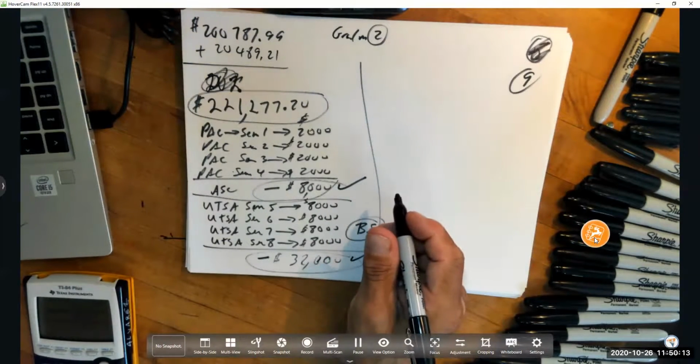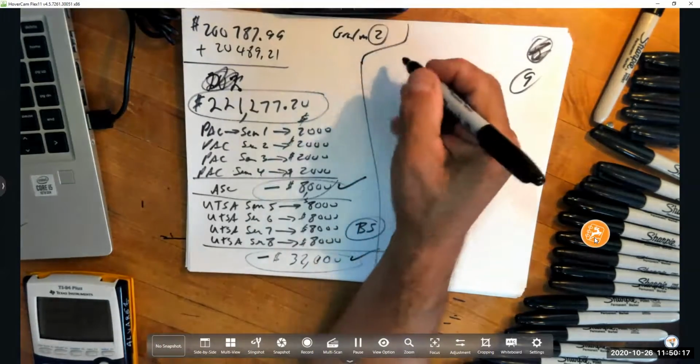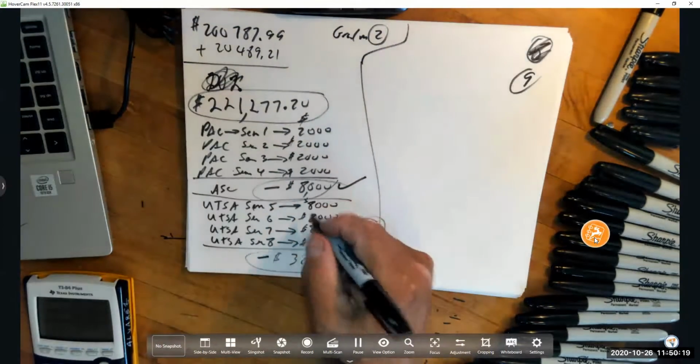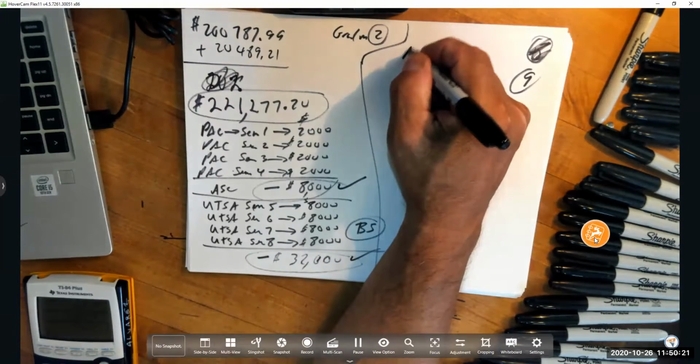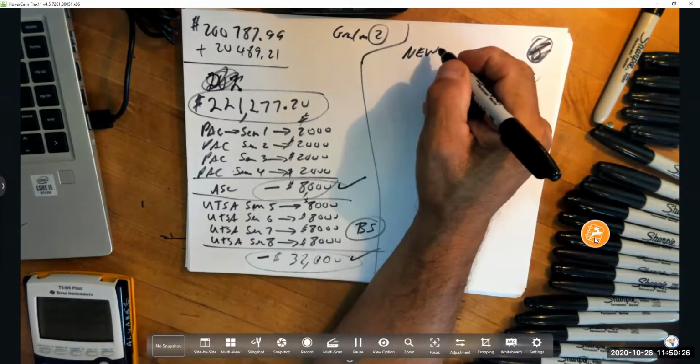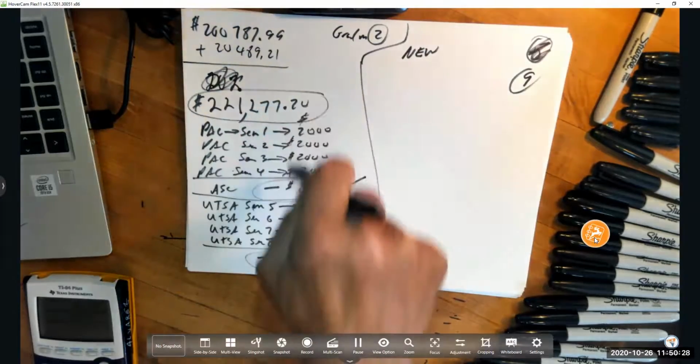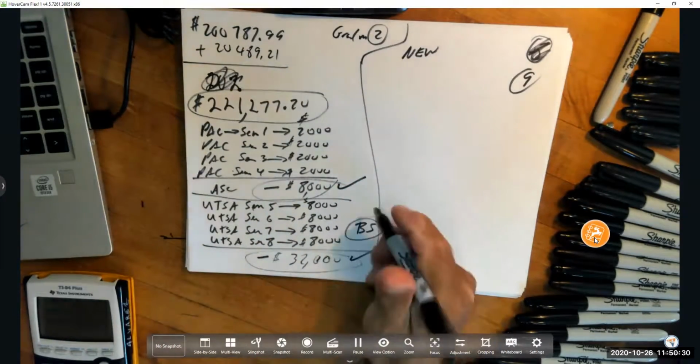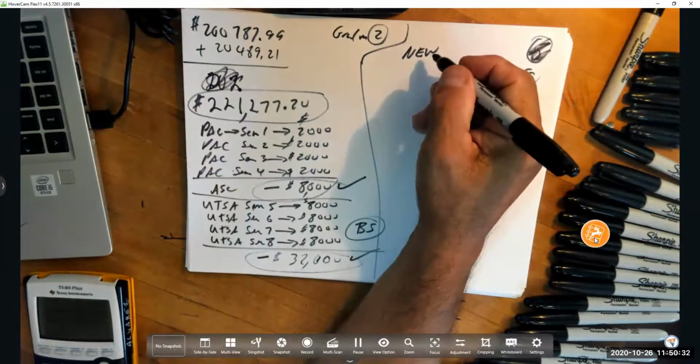And of course, if you already have your degree, you can get a new car now. Do you still have money? I think so. Yeah, you got money. Let's get a new car.